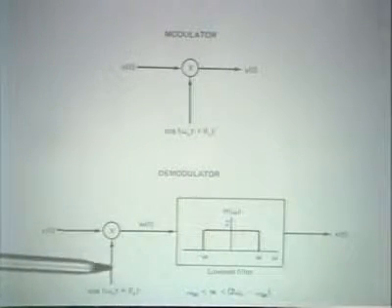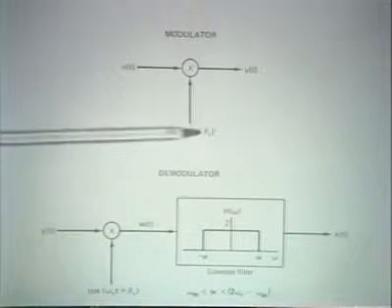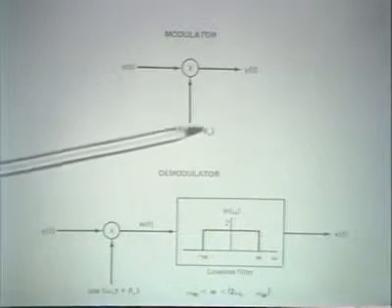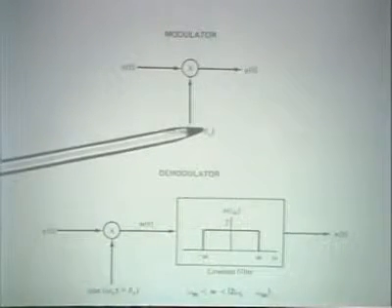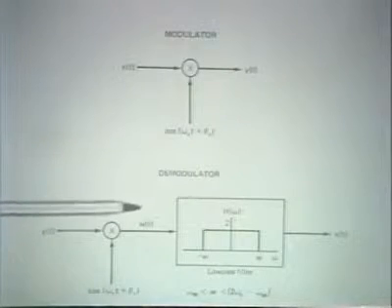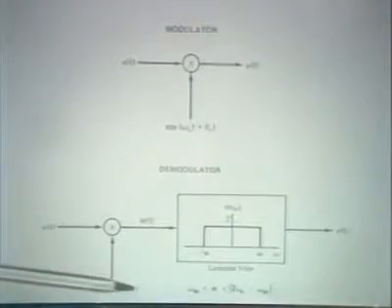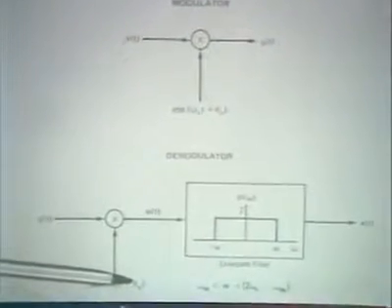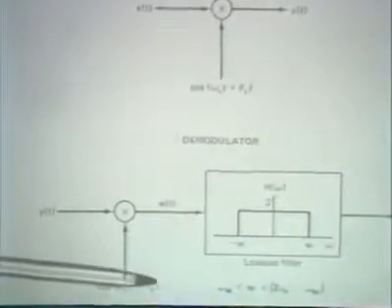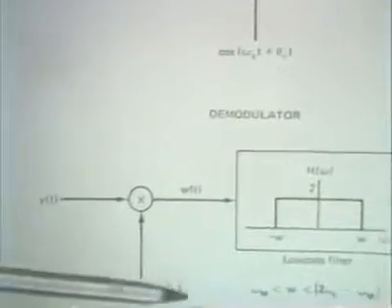In particular, in the system as we've talked about it, the modulator and the demodulator have a synchronization in both frequency and phase. The phase here is indicated as theta sub c, and the demodulator has a phase of theta sub c.